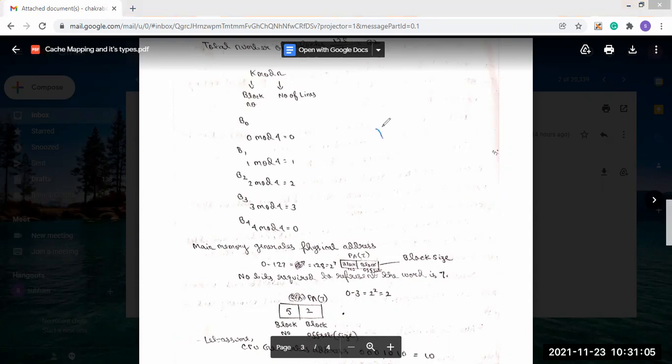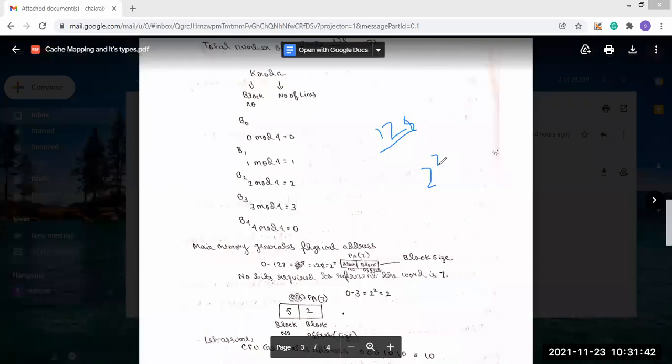Now, in the example, we have seen that our main memory is 128 words. To accommodate 128, how many bits are required to represent it? 128 is 2 to the power 7, so 7 bits are required to represent 128.